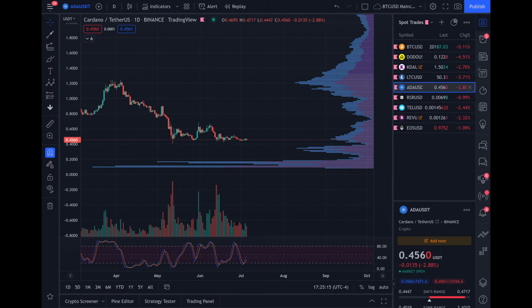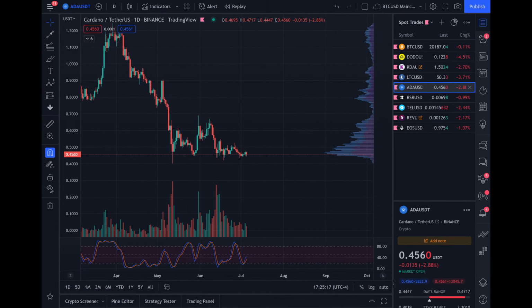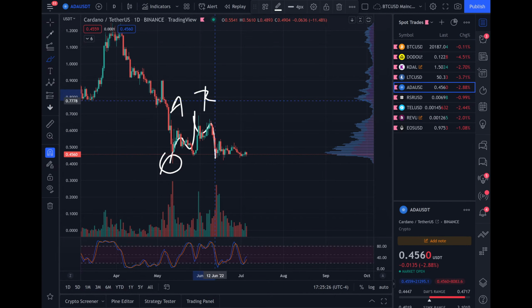Much like everything else on our watch list, we have an orthodox low on May 12th. Boom. And you put in your big A, your big B. I think this is your small A right here.